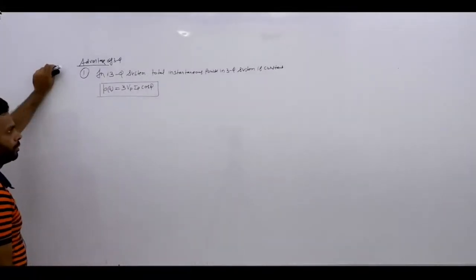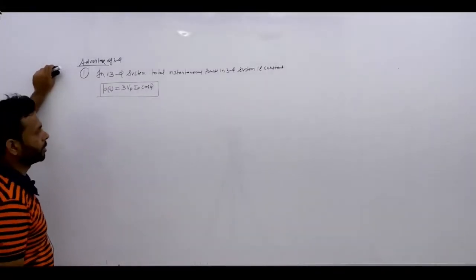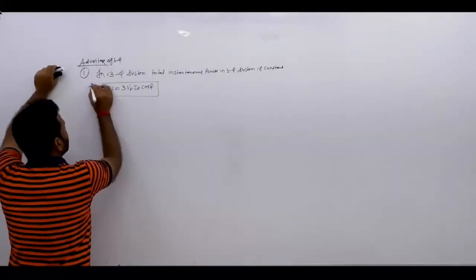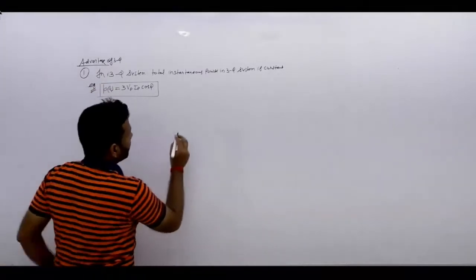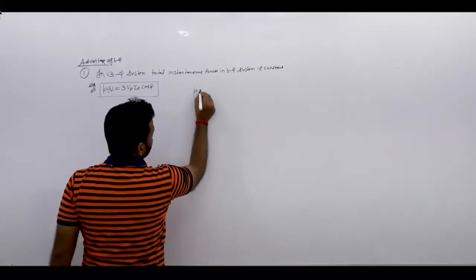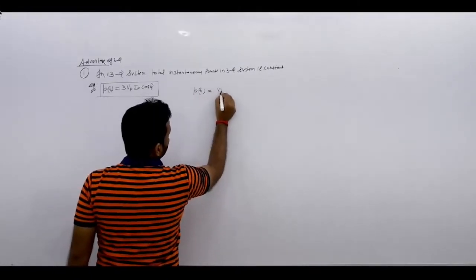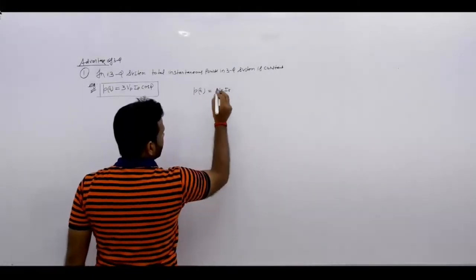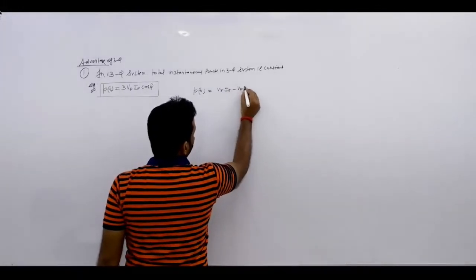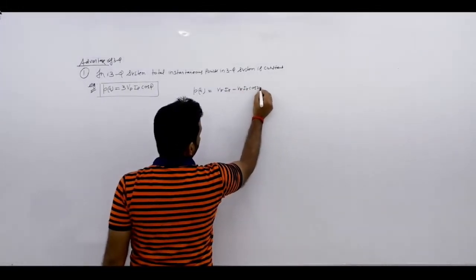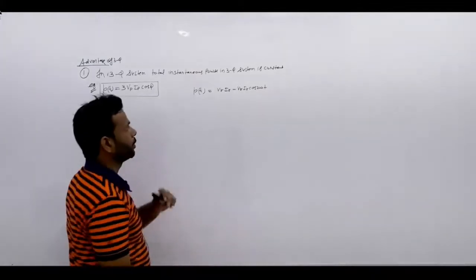But when you study the single phase system, I'm just giving you an example. PT is equal to Vrms Irms minus Vrms Irms cos 2 omega t. If you remember, this is for a resistive load.